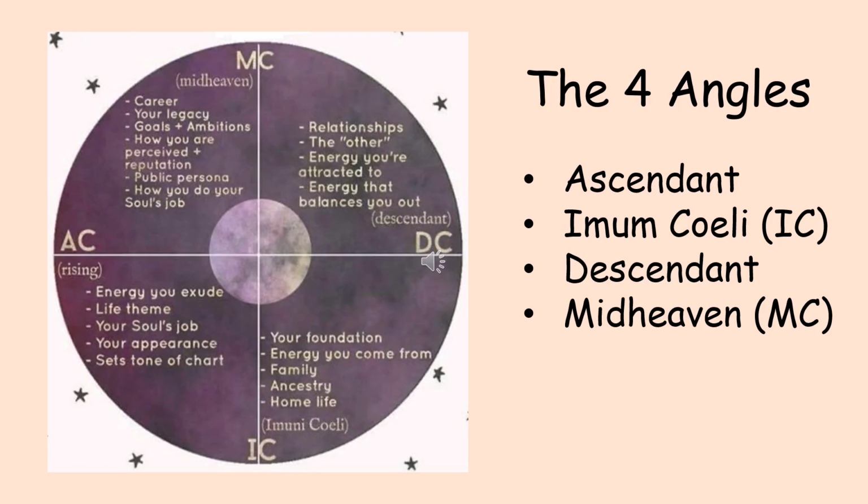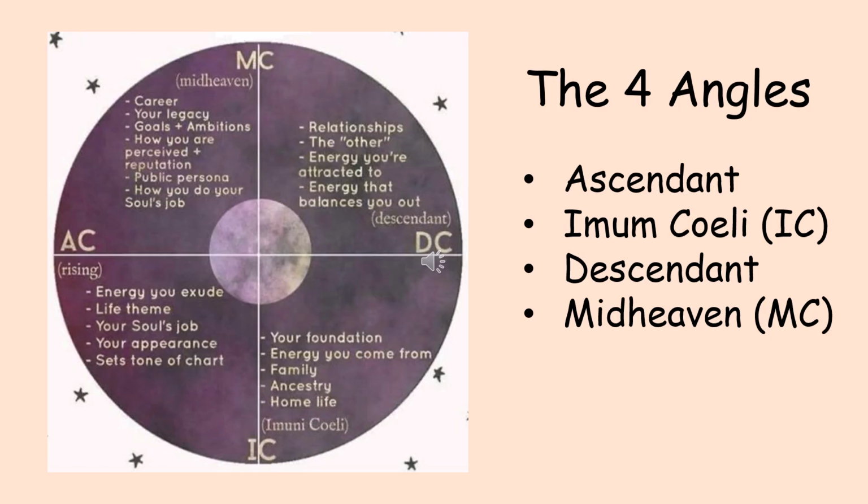The second angle is the IC, or the Imum Coeli, which is at the bottom of the chart. And that is the most private part of a person, and also has to do with their past and their family.